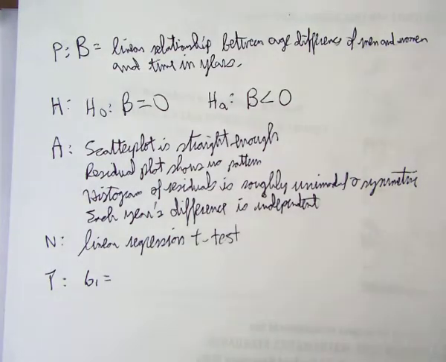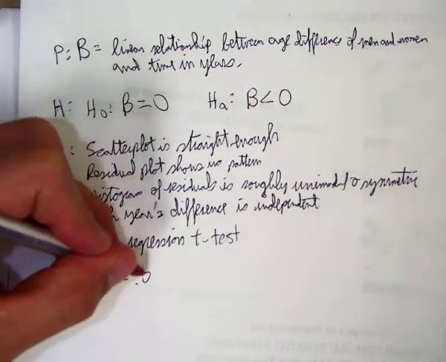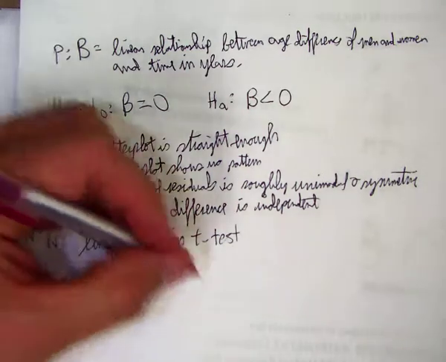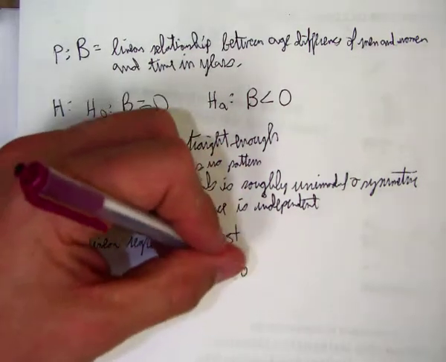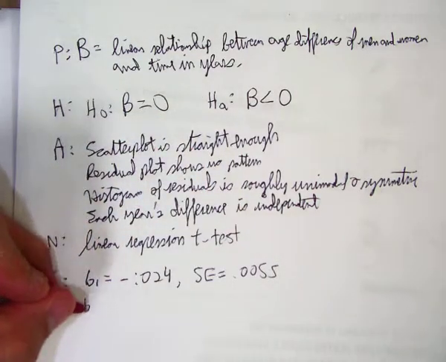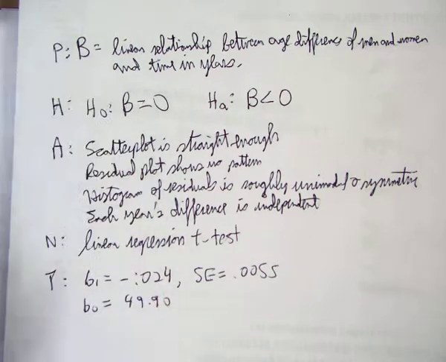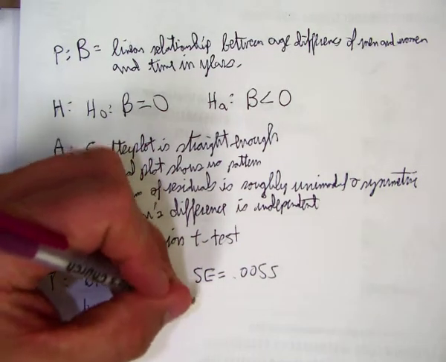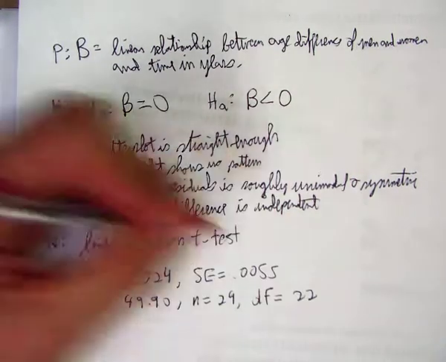So b sub 1 is negative 0.024. The standard error equals 0.00055. b sub 0, or the y-intercept, is 49.9. So n is 24, and degrees of freedom is 22.